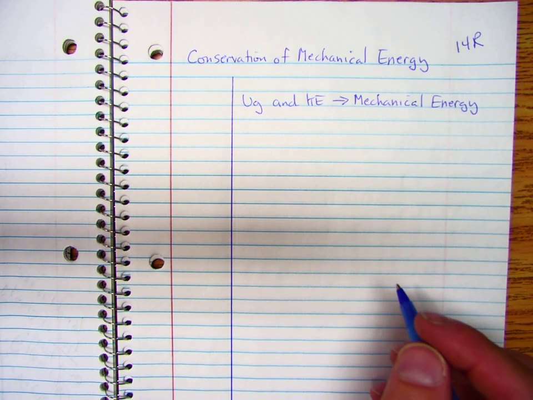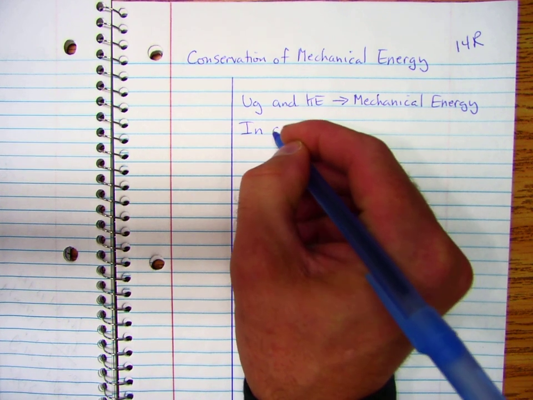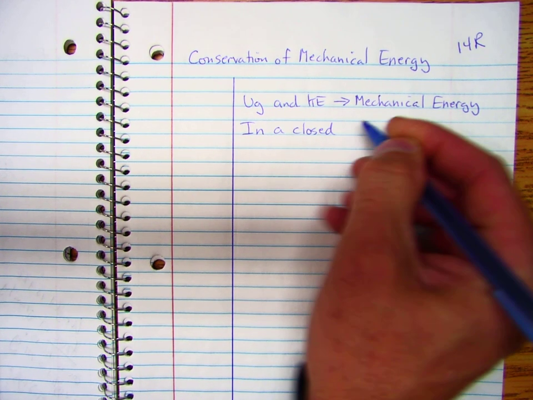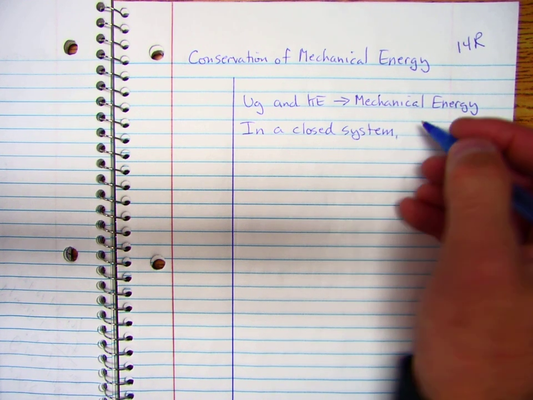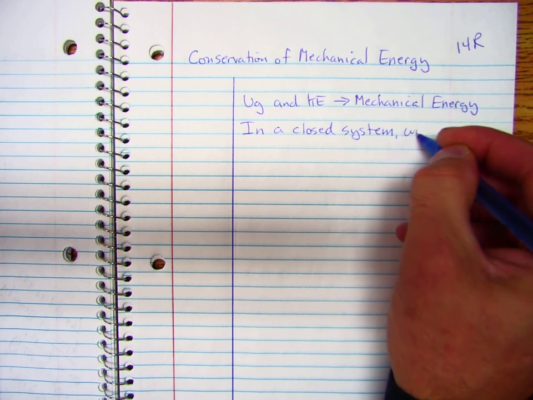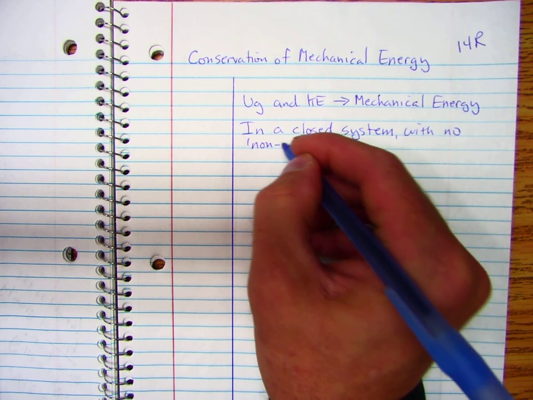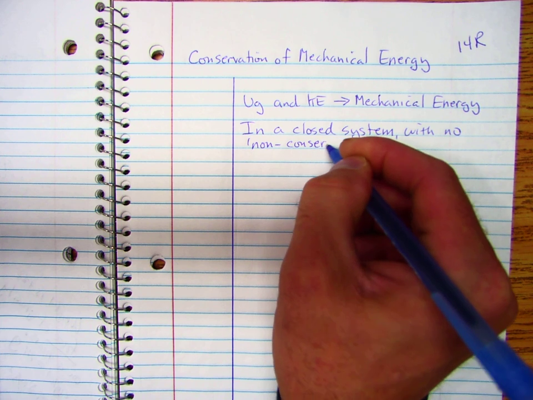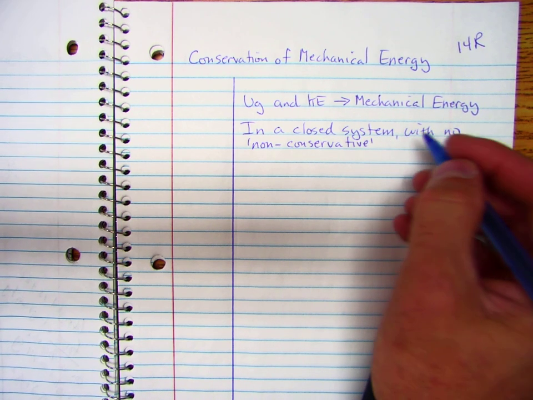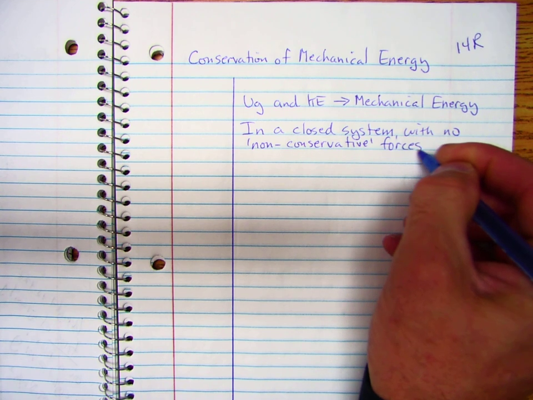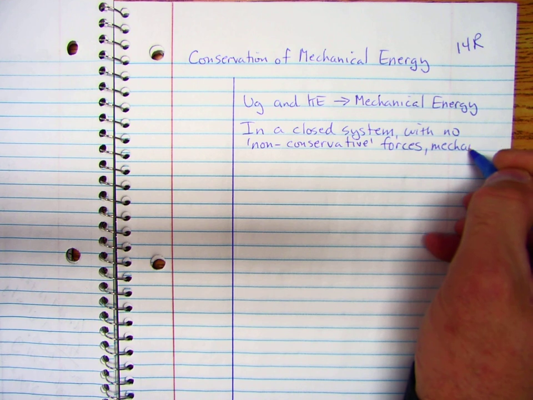The law of conservation of energy states that in a closed system, which we've already previously defined, and this is a system with no non-conservative forces. What we call these are like friction and air resistance, these forces that pull energy out of a system. Mechanical energy is conserved.